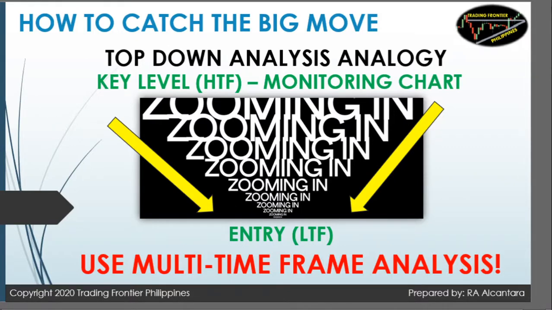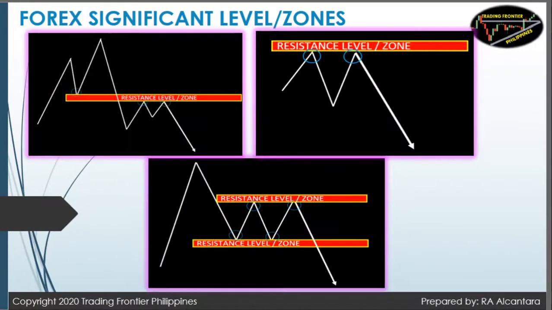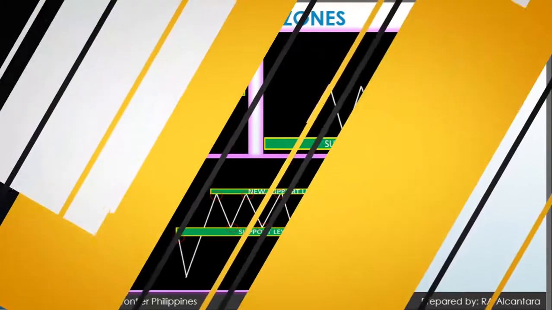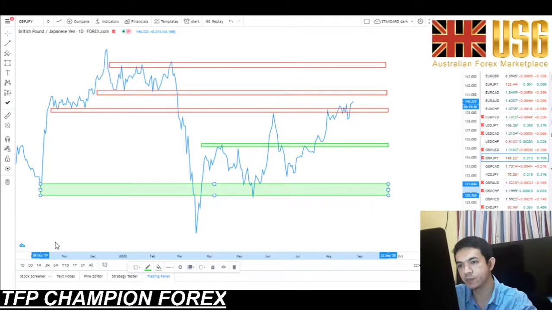So we can relate that to our analogy on identifying this level or zones, key significant level or zones. All right, so always keep in mind that concept of zooming in, coming from a higher time frame down to a lower time frame for your specific optimal entry.